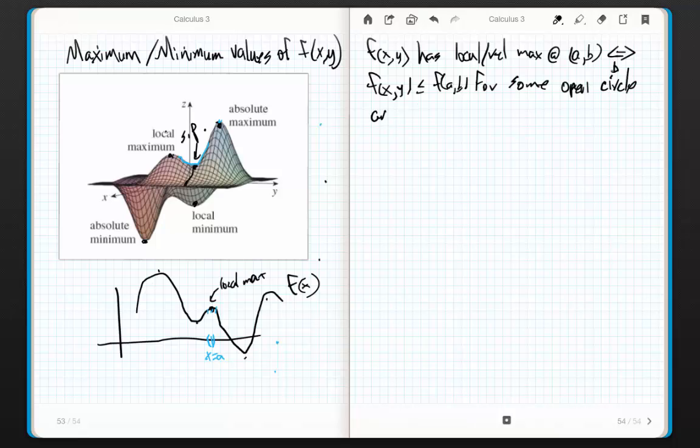Now remember, this circle could be referred to as a ball as well, right? It's just in 2-space now. I'll show you what I mean by that.